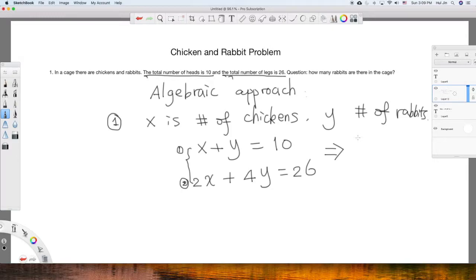But basically, what you do here is eliminate 1 variable by multiplying the first equation by 2. So 2x plus 2y equals 20. And the second equation you keep the same, 2x plus 4y equals 26. And then you take the second equation minus the first equation, which means 26 minus 20, and then it becomes 2y equals 6, so y equals 3.